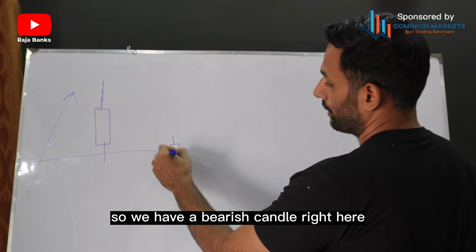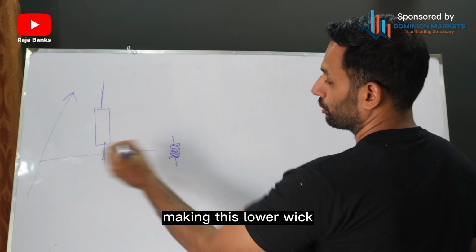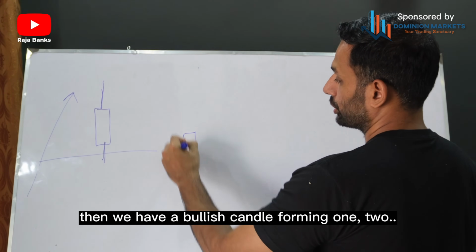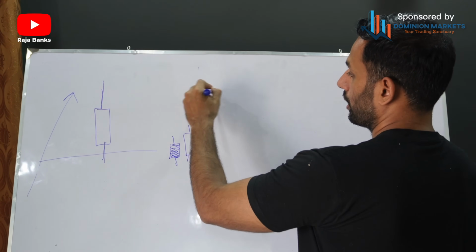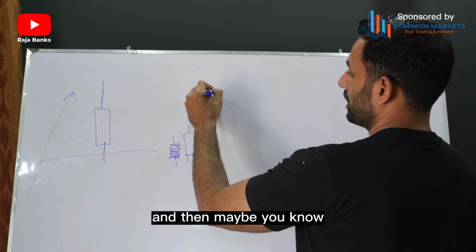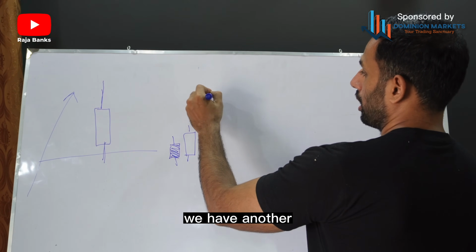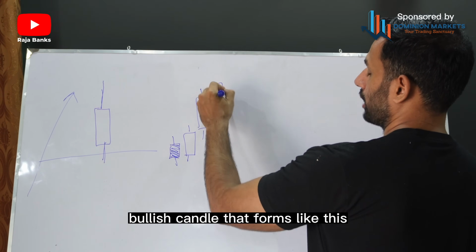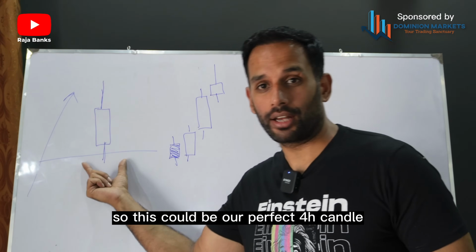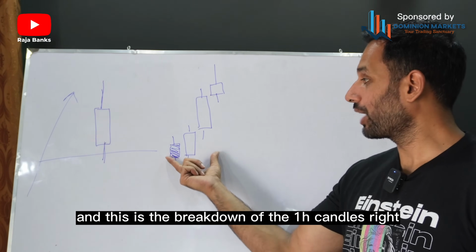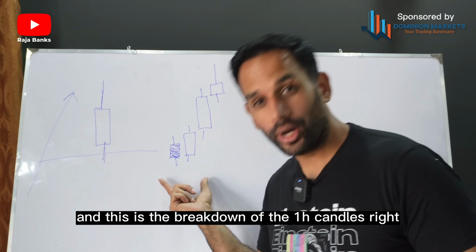We have a bearish candle right here making this lower wick. Then we have a bullish candle forming, 1, 2, 3, and then maybe another bullish candle that forms like this. So this could be our perfect 4-hour candle, and this is a breakdown of the 1-hour candles, right?